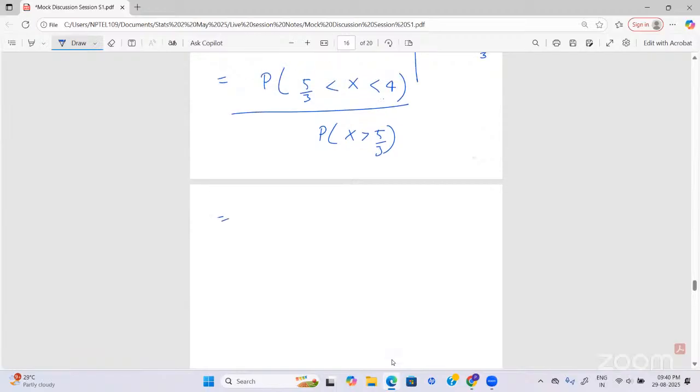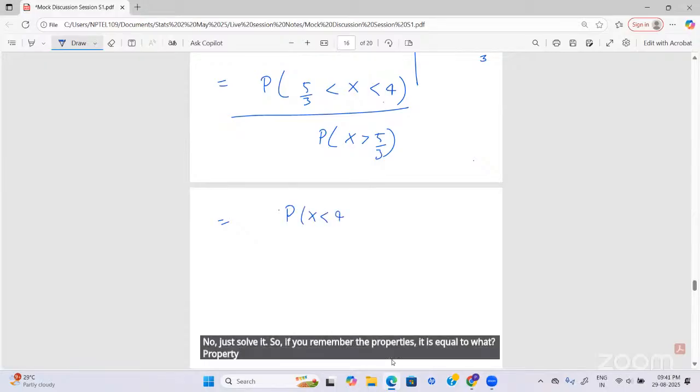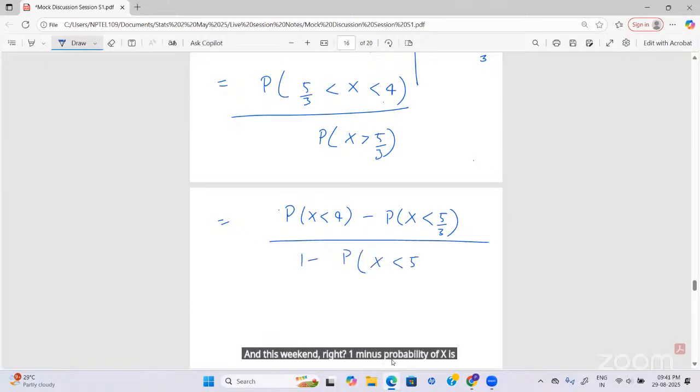Now just solve it. If you remember the properties, it is equal to the probability of x less than 4 minus the probability of x less than 5 by 3, divided by maximum minus minimum, and this we can write as 1 minus the probability of x less than 5 by 3. Is this clear to everyone?